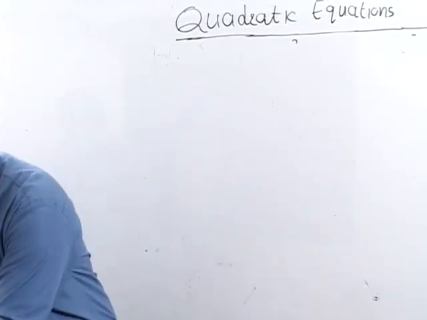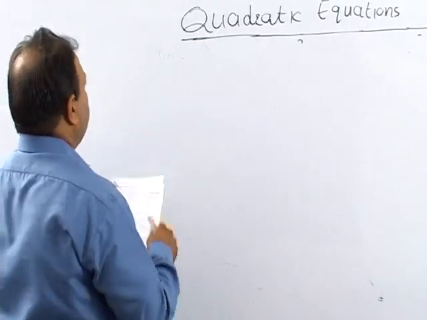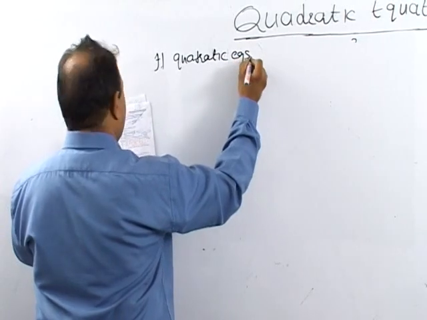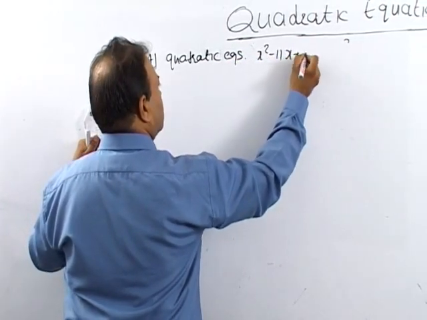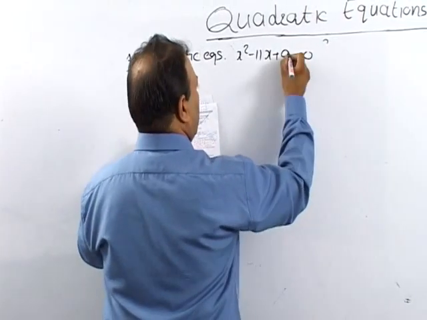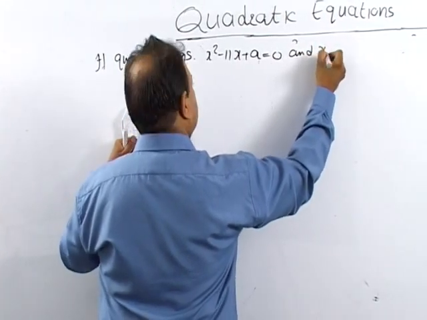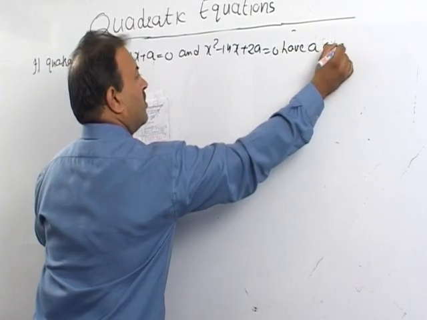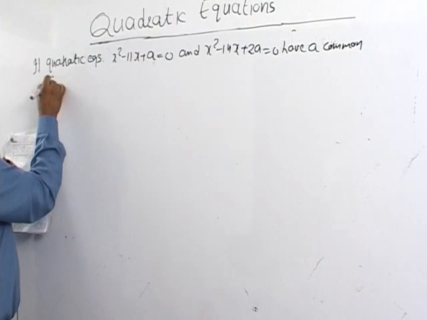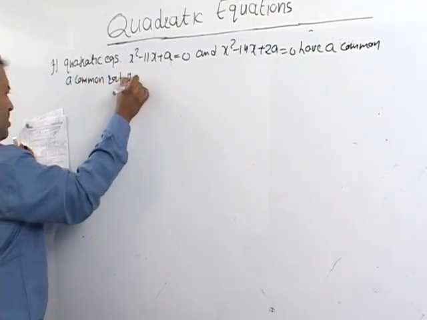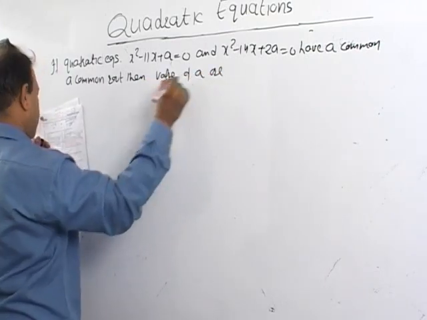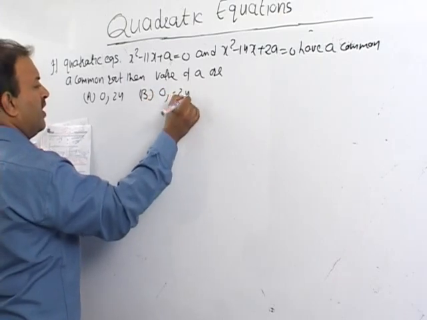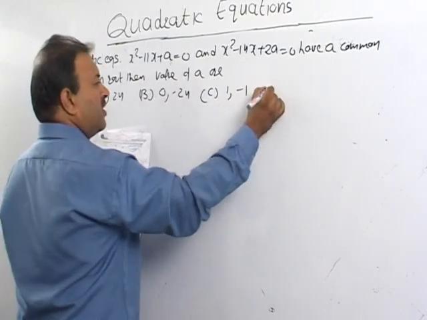The question is: if the quadratic equations x square minus 11x plus a is equal to 0, this is small a, and x square minus 14x plus 2a is equal to 0 have a common root, then the values of a are: option A is 0 and 24, option B is 0 and minus 24, option C is 1 and minus 1, and option D is minus 2 and 1.